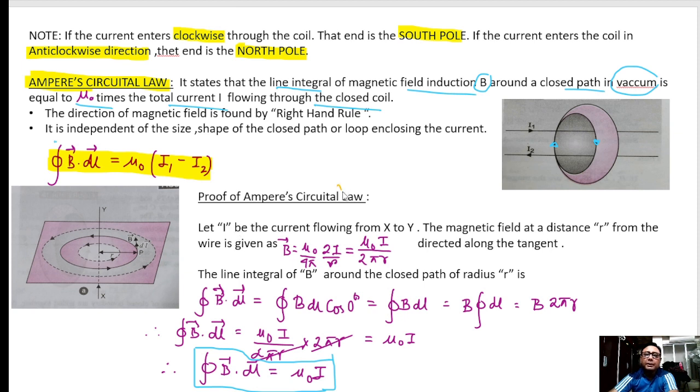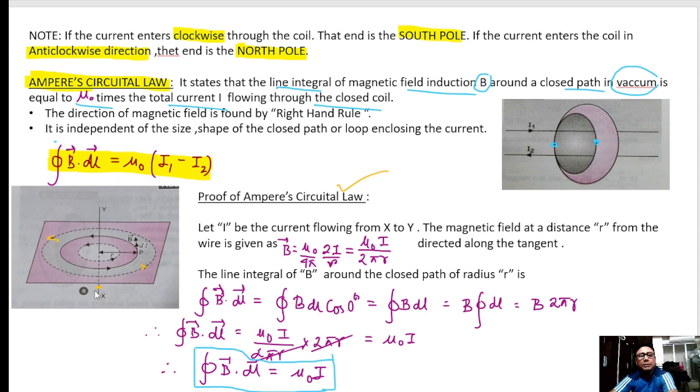Proof of Ampere Circuital Law. So suppose this is a wire carrying current. A wire is carrying current in this direction, from X to Y, and we know that the magnetic field direction will be, using the right hand thumb rule, like this.